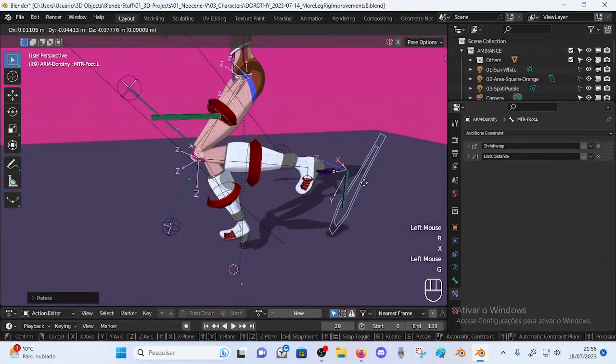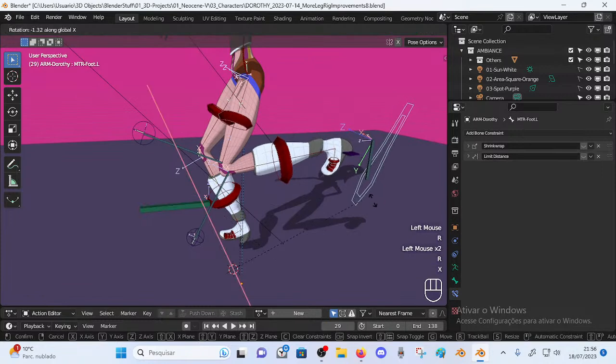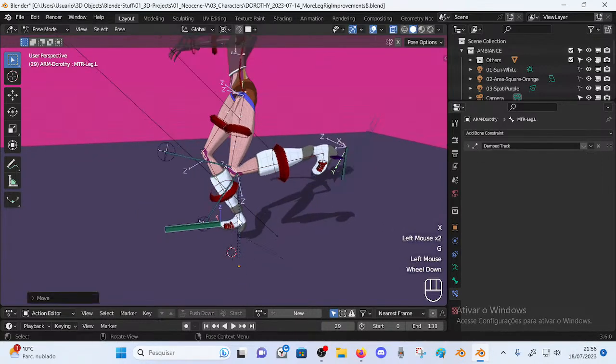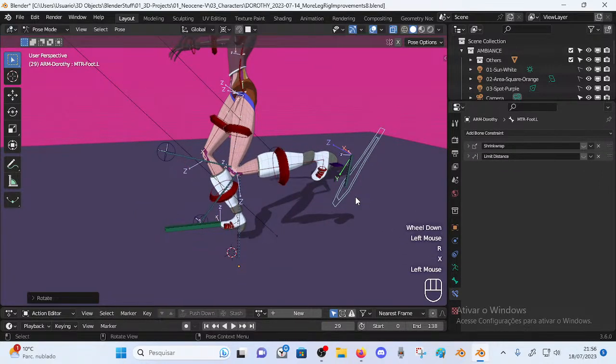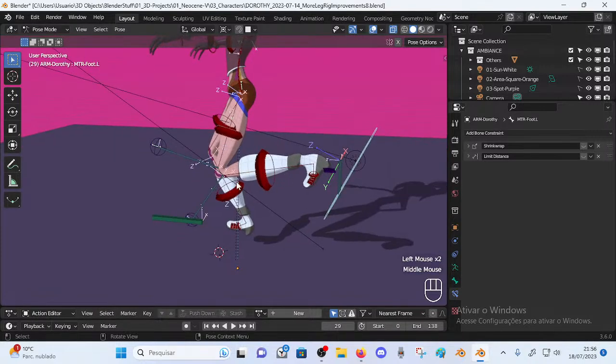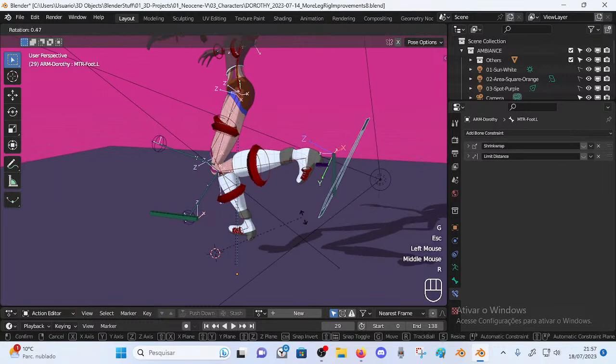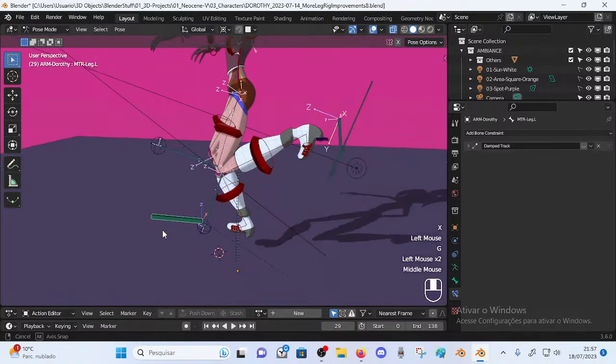It's not simple to solve this kind of thing, and there's not much content about this. And a cool idea that I've been using is to use drivers, or actually I don't like drivers much for that. I use the transformation bone constraint, but for that it's also not that simple.